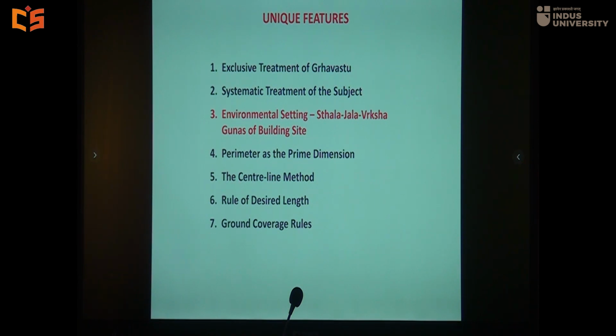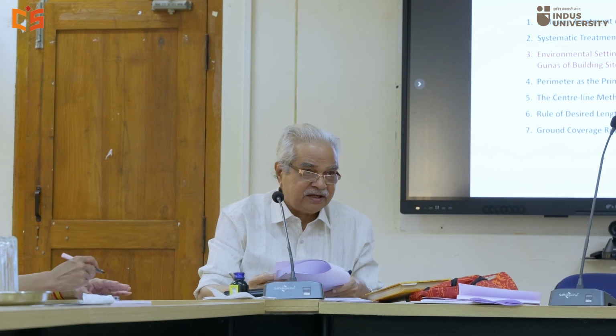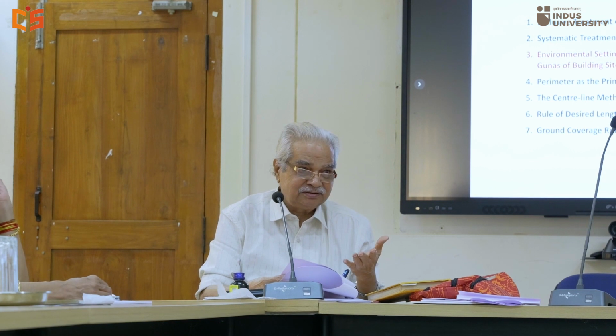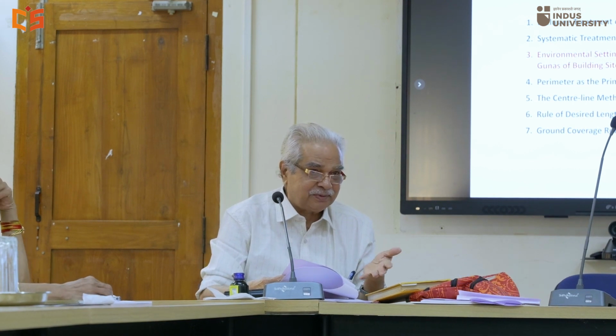It gives exclusive treatment. It does not give anything other than house construction, Manushyalaya only. There is a systematic treatment of the subject. Most important, it gives an elaborate treatment of the environmental setting, which is probably the emphasis of this particular workshop.